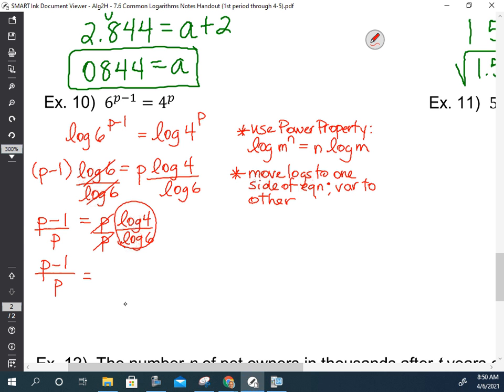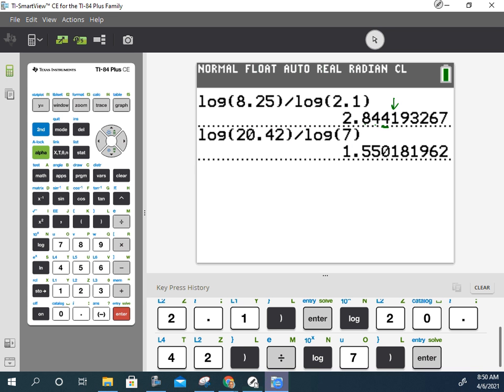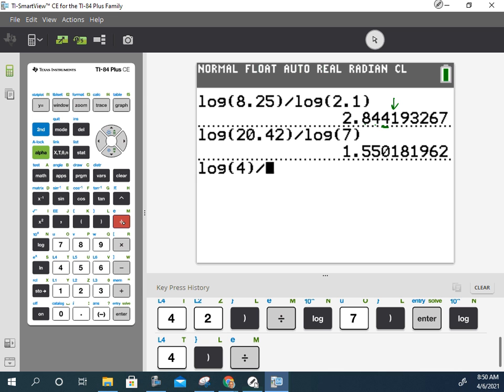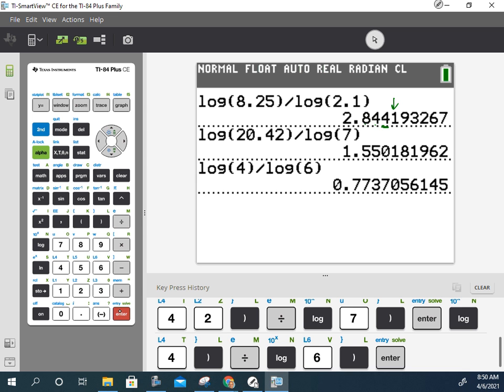That's a number we can put into the calculator. Log 4 divided by log 6 is 0.774.